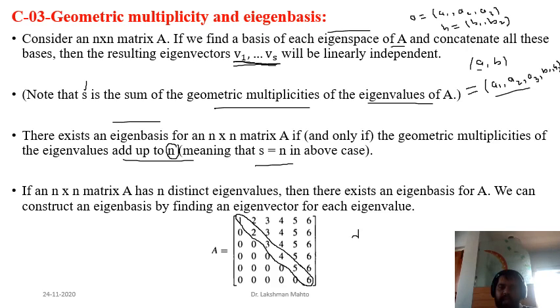So here you can observe that. What are the eigenvalues? I'm just writing for simplicity, not writing the largest eigenvalue first, just going through in a simple order. First eigenvalue is 1. Second eigenvalue is 2. Third eigenvalue is 3. Fourth eigenvalue is 4.